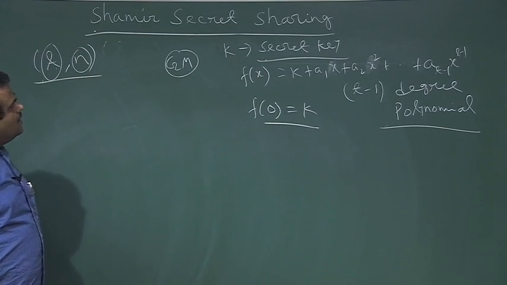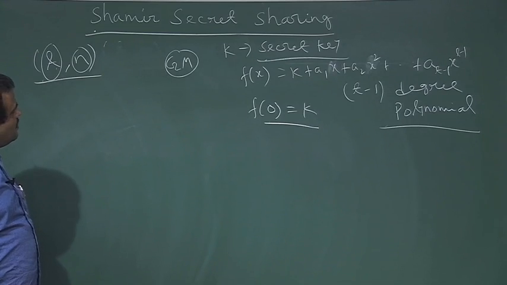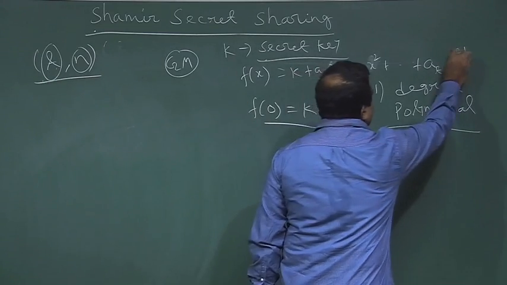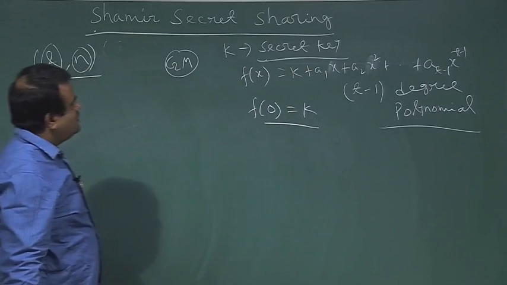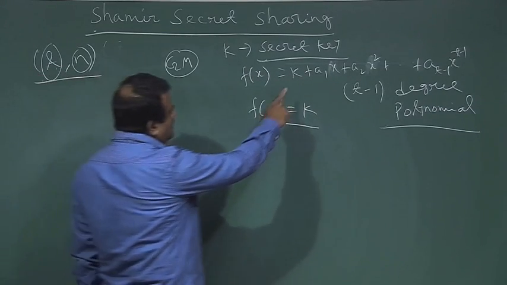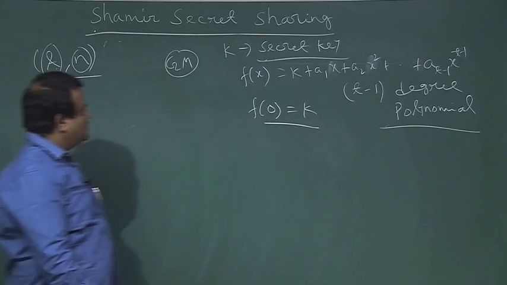Okay. So how can we do that? This is a t minus 1 degree polynomial, and how many constants are there? There are basically t constants.